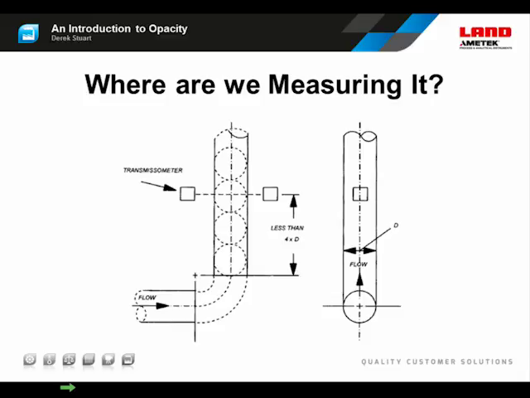And that's because the particles will tend to be moved towards the outside of the stack. So if you measure in this plane, you're still measuring all the way through the particles in the stack. Whereas if you measure in the perpendicular plane, you may miss a significant number of particles.